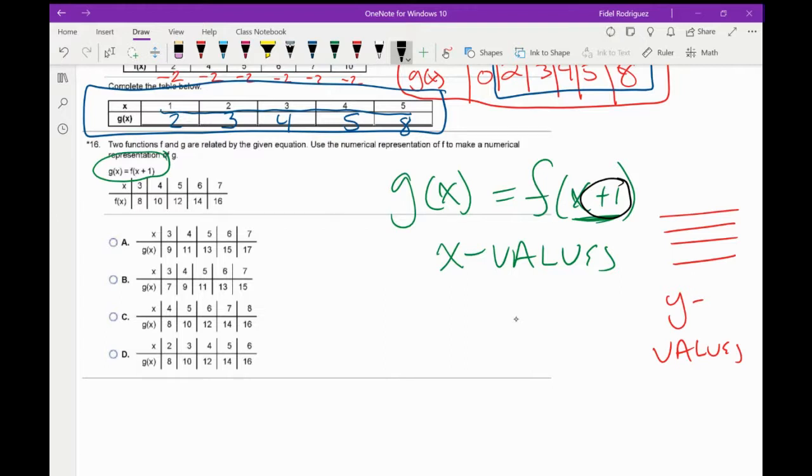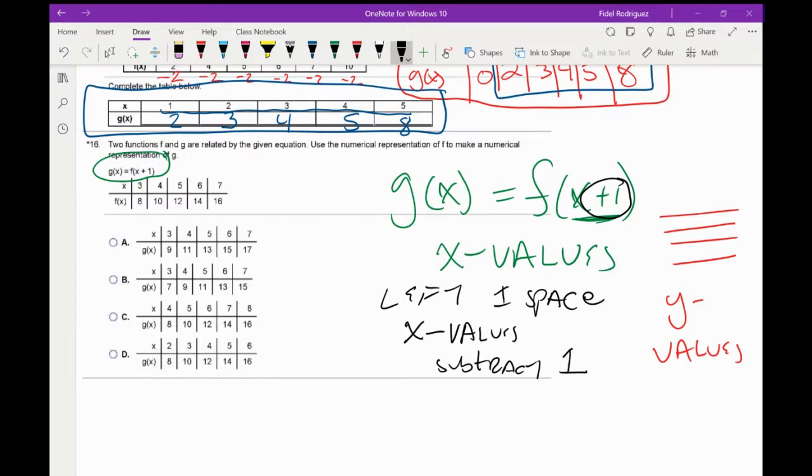So what I'm really going to do, because it's a +1 here, we're going to move to the left one space, okay? Which means I'm going to take my x values, and I'm actually going to subtract 1 from each of my x values, okay? And because nothing is going on here, I'm not going to change my y values.